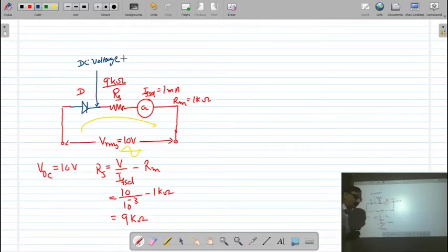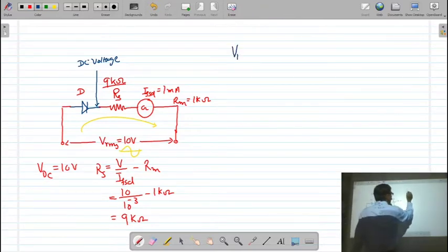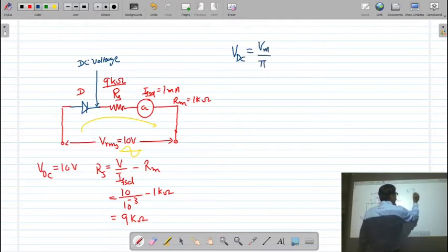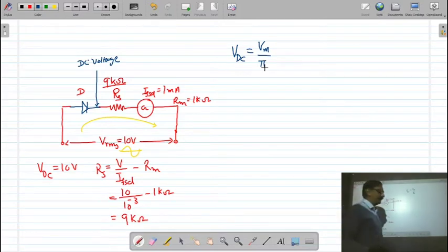In the analysis of a half wave rectifier, we have calculated that VDC is given by Vm upon pi. This is the standard formula for the half wave rectifier. So after converting the AC into DC, this much amount of DC voltage is going to be generated.